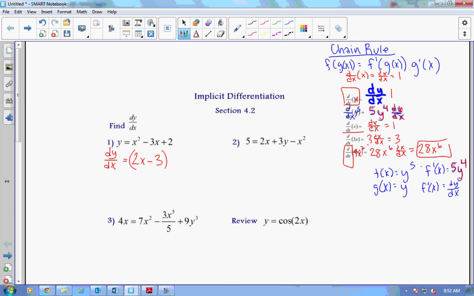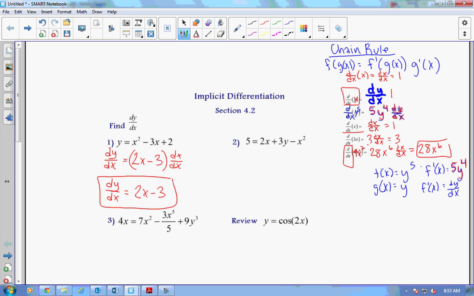Technically, it's dx dx, because we're taking the derivative of the variable x with respect to x, but we don't write dx dx, because dx dx is just 1. So we're asked to find dy dx. The derivative of y with respect to x is 2x minus 3.